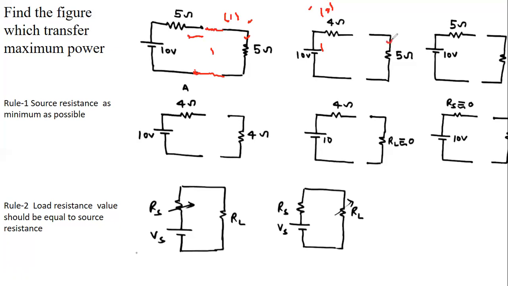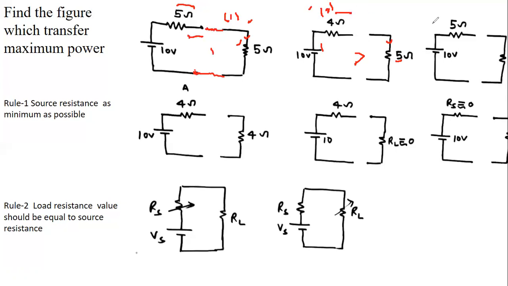So the current in this resistance is I square, greater than 1, so 1 point something square into 5. Circuit 2 has more power compared to the first circuit. But both resistances are not equal. So what is the conclusion? If we reduce the source resistance, then the power in the circuit increases.